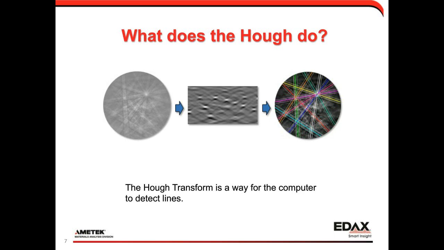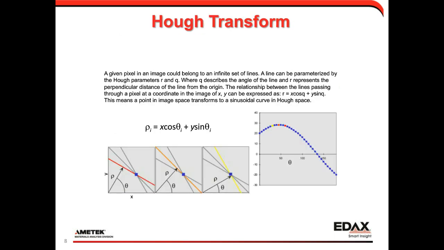So the way the Hough works is essentially it starts pulling the data out at basically the pixel level. It says that a given pixel in an image could belong to an infinite set of lines. And I can pull this into what's called rho-theta space and start looking at it. And essentially what I'm doing is looking at, what is that pixel strength at each one of these points.